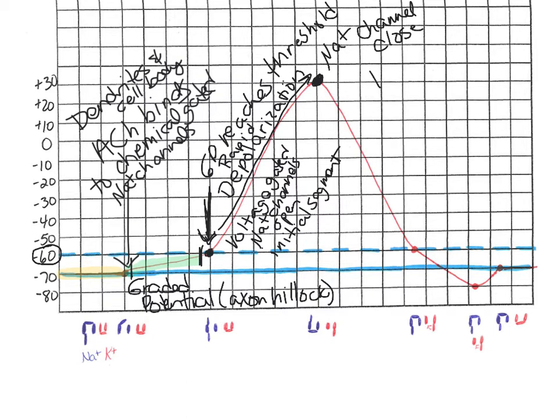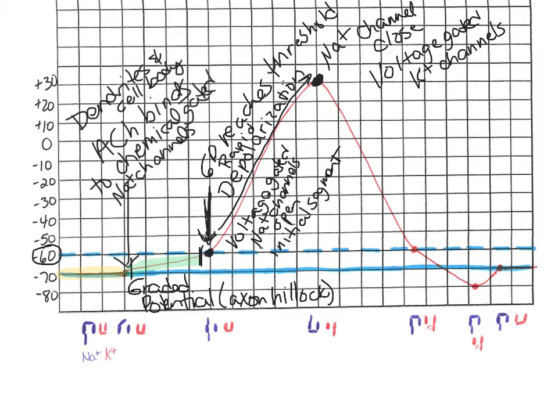The potassium, so these are voltage-gated potassium channels, because they're sensitive to voltage, they're sensitive to positive 30, and they open up. Potassium always does what? Unless it's pumped, it's always going to move in what direction? Out. So potassium moves out of the cell, taking its positive charge with it.